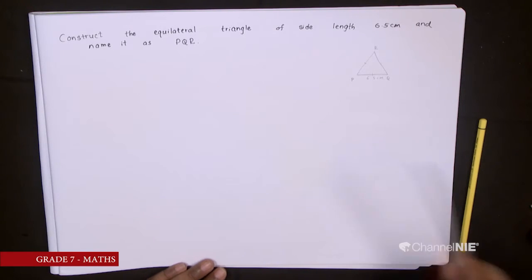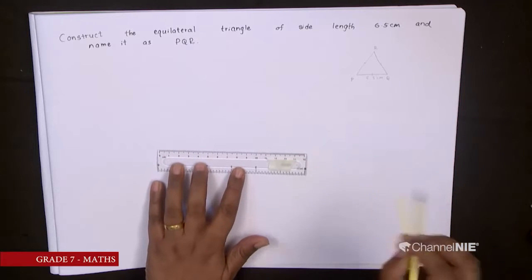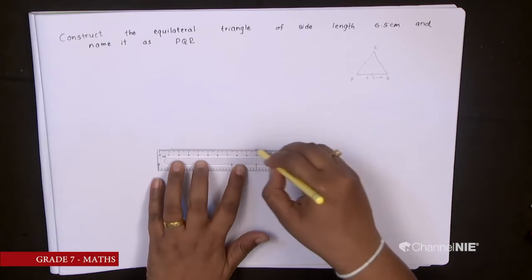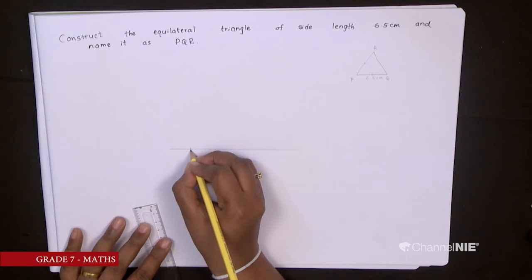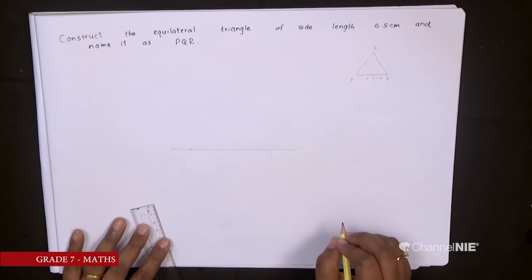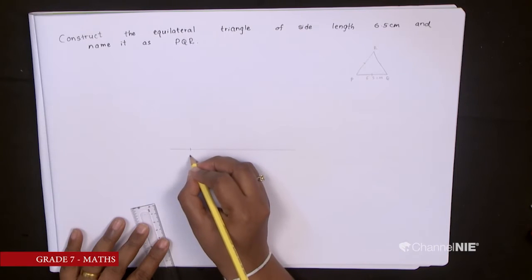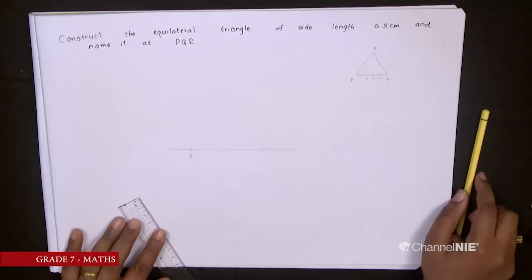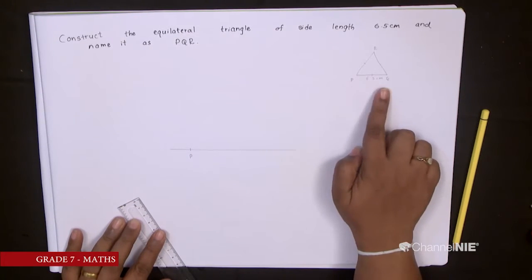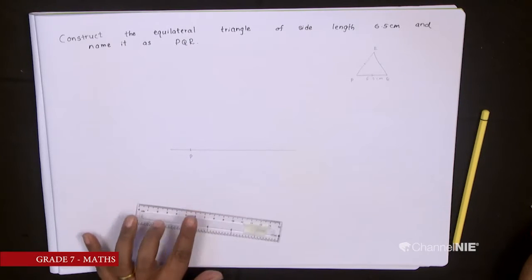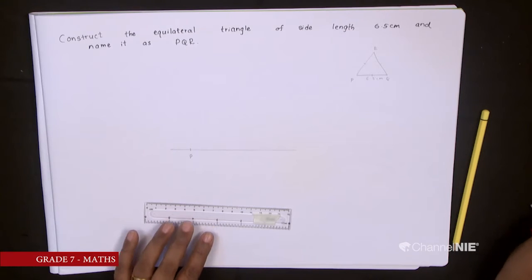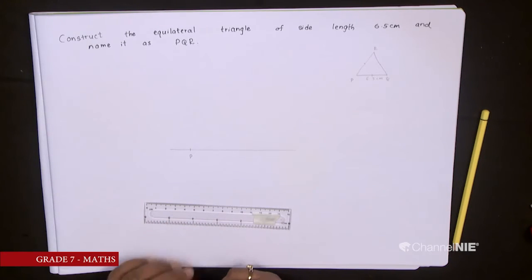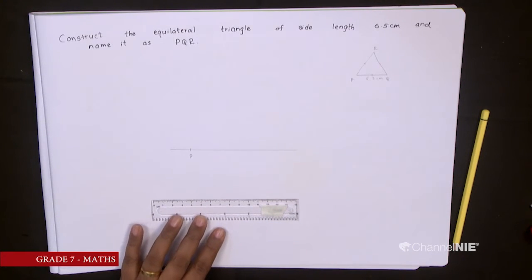So, first of all, I am going to draw a straight line segment. Then I am going to mark a point on the straight line segment. We will name the point as P. Now, the length of PQ is 6.5 centimeters. Therefore, I am going to get 6.5 centimeters to my pair of compasses.